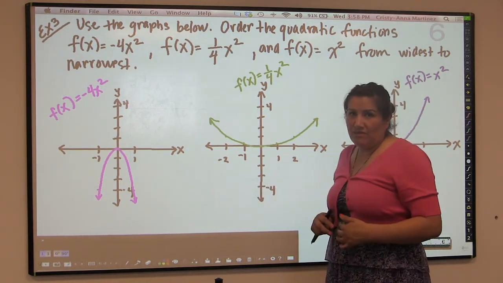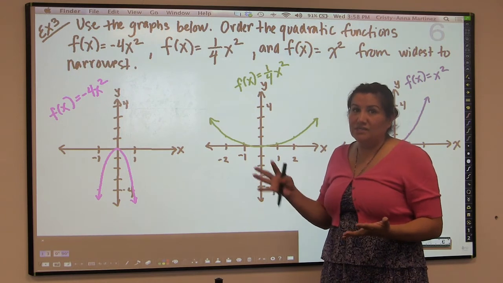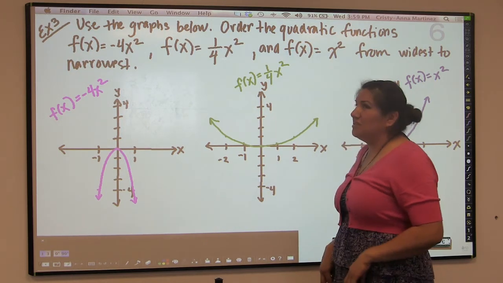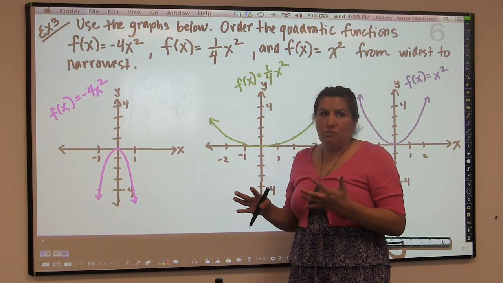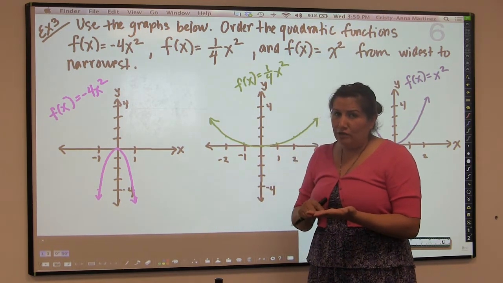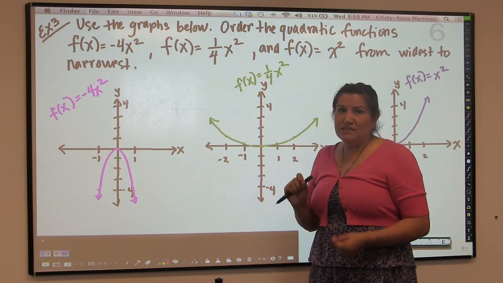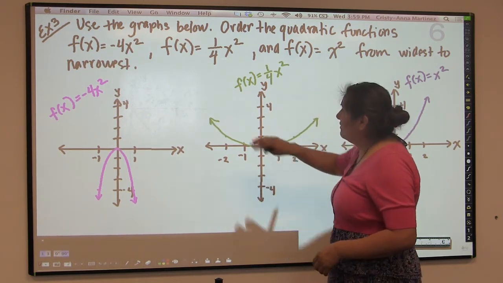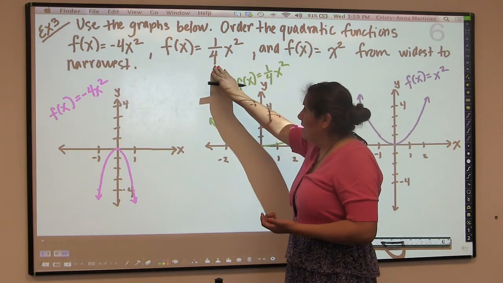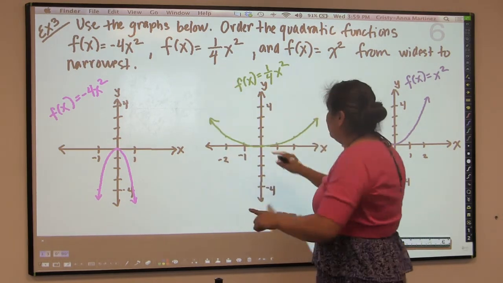If you have 1/4, it means that you don't have the whole thing. So obviously it's smaller than 1. And if that isn't good enough for you, if you're still not sure if it's bigger or smaller than 1, don't be ashamed. Just go to your calculator, type in 1 divided by 4, and if you get 0 point something, it's not bigger than 1. So if this number is smaller than 1, then it's going to make the graph really wide.